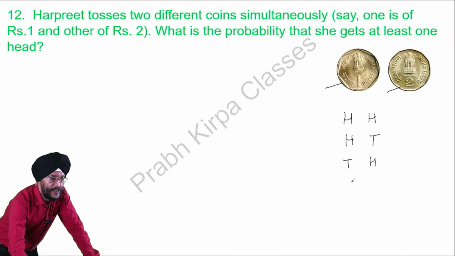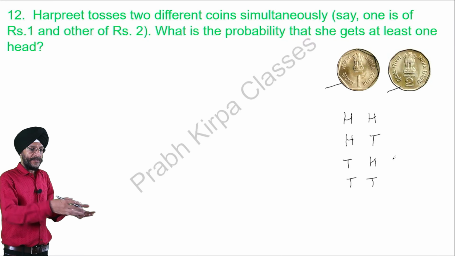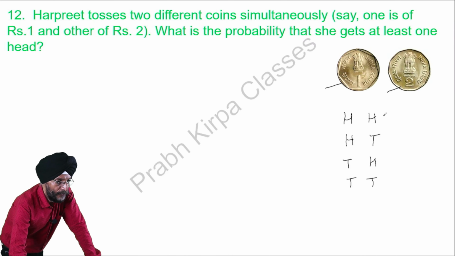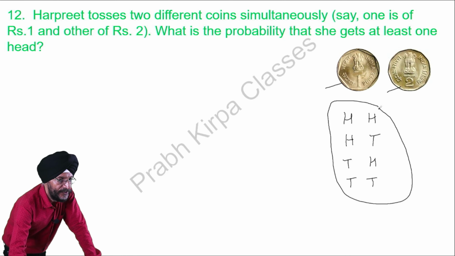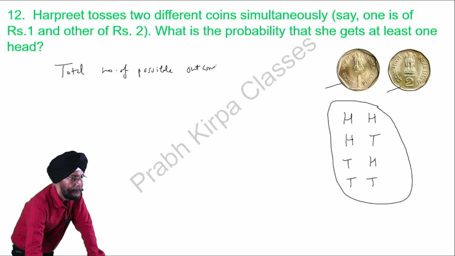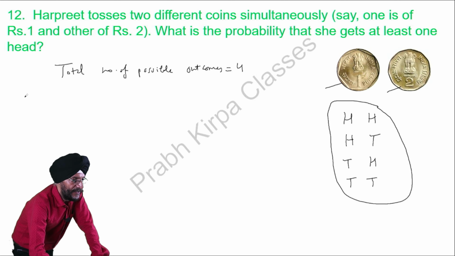It is also possible that both the 1 rupee coin and 2 rupee coin give tail. So these are the four possible outcomes of these two coins. So the total number of possible outcomes are four.